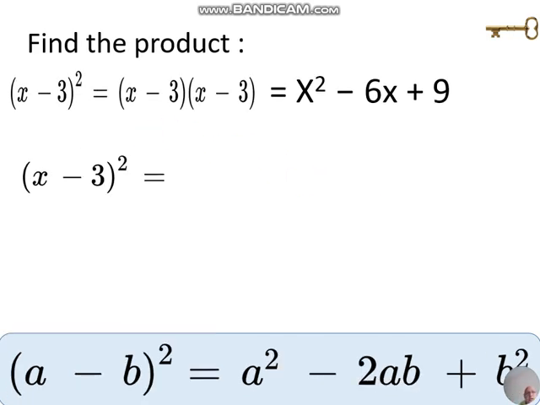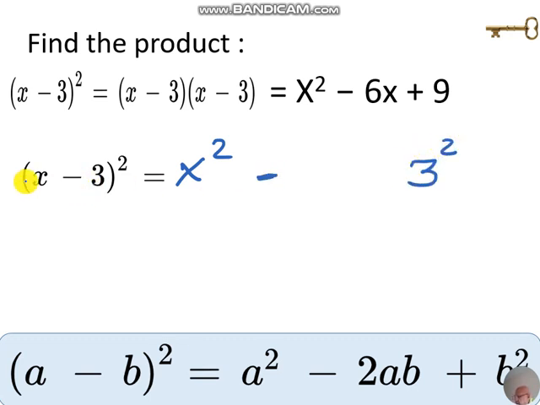x minus 3 quantity squared. I use this formula. I square the first, x squared. I square the second, which is 3 squared. The sign stays negative.